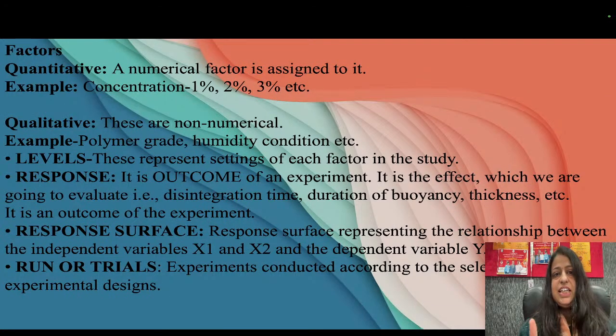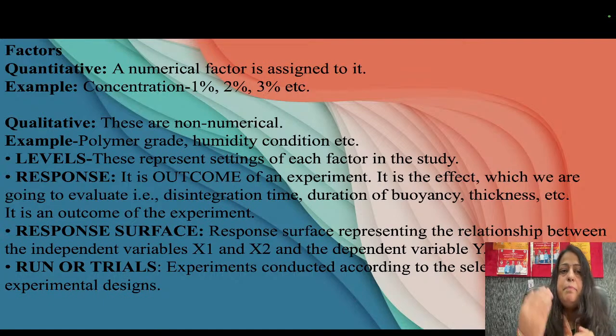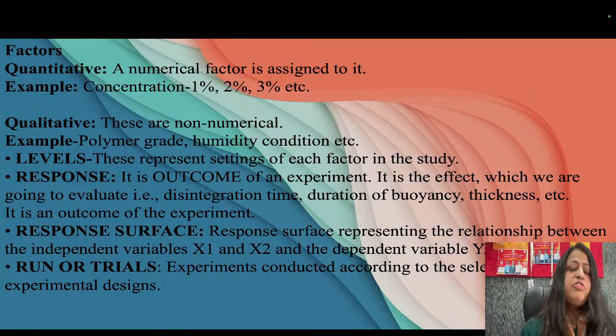So, as I told you earlier about the factors, these factors may be quantitative or qualitative, right? If we see the dashboard of the factorial design in Design Expert, it shows two types of factor over there. One is the numerical factor and the second is the category factor.